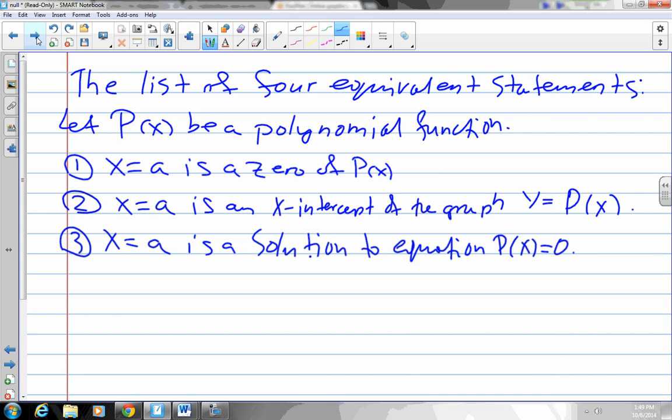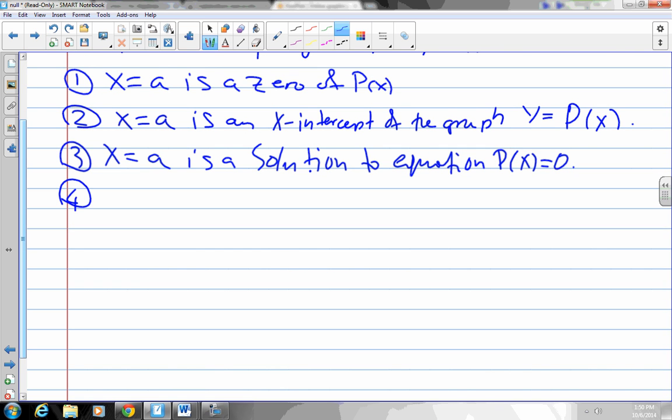And the fourth statement, and that one is a little tricky. Basically, x minus a is a factor of p of x. And this one, you can see it kind of one way.